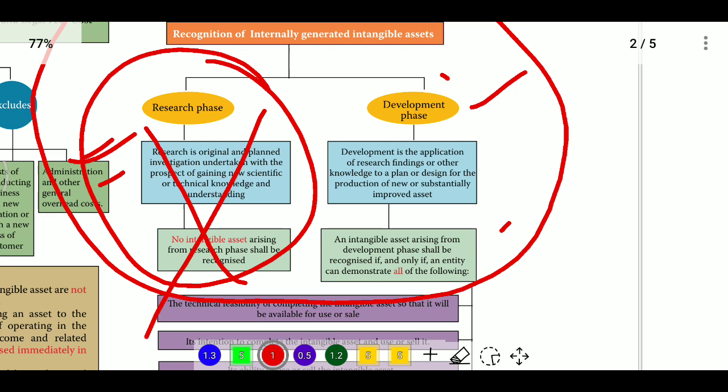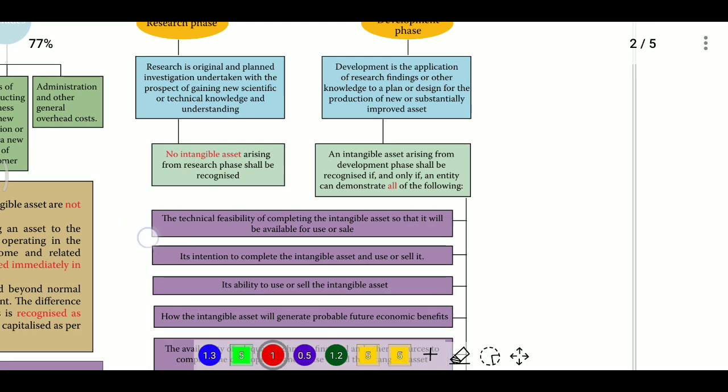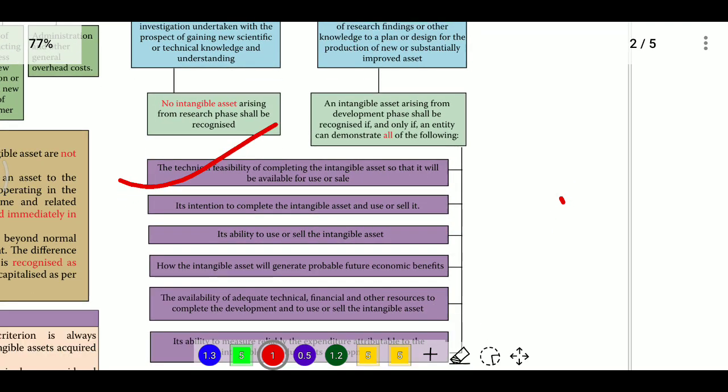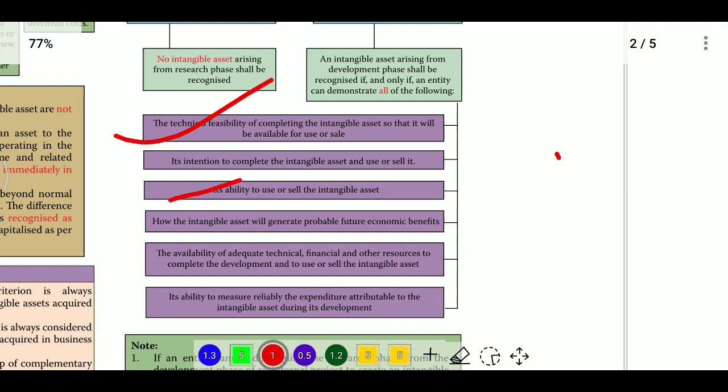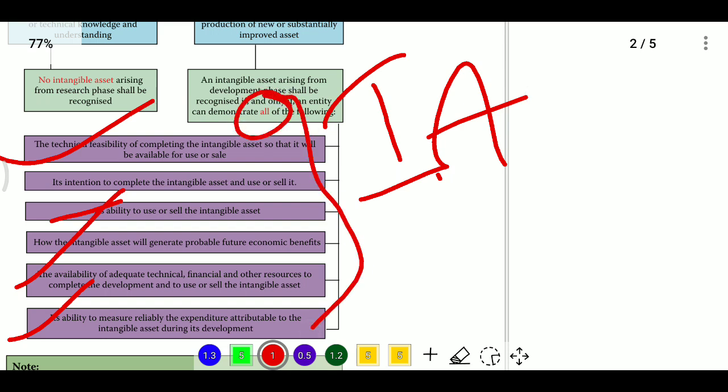When technical feasibility is demonstrated for the intangible asset, and the entity has the intention to complete it and the ability to use or sell it, how the intangible asset will generate probable future economic benefit, the availability of adequate technical, financial and other resources to complete the development and use or sell the intangible asset, and the ability to measure expenses reliably, then the expenses made during the development phase will be recognized as an intangible asset. Only if all conditions are satisfied will it be recognized as an intangible asset.